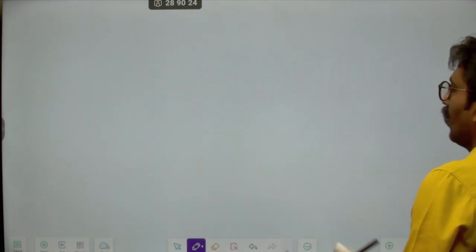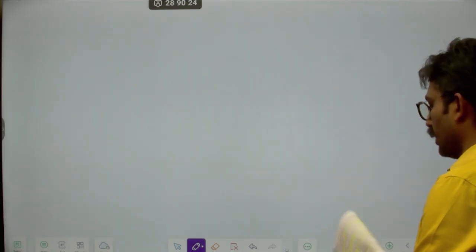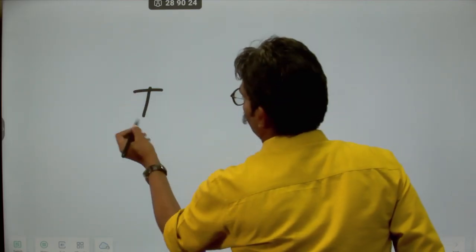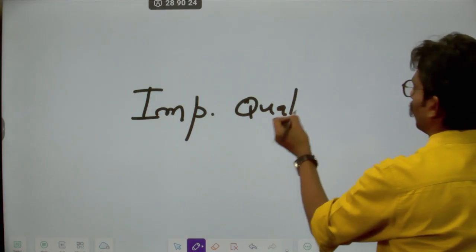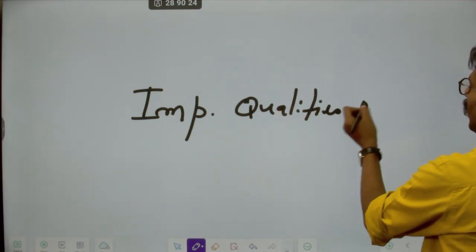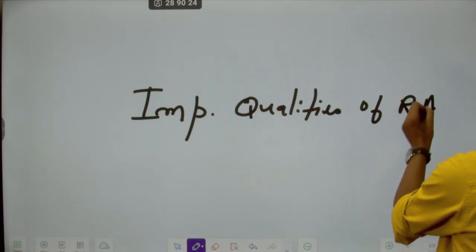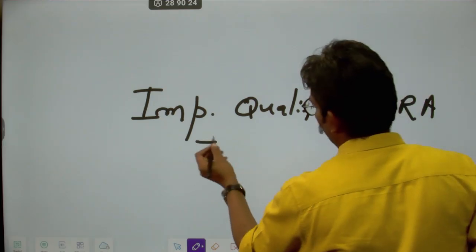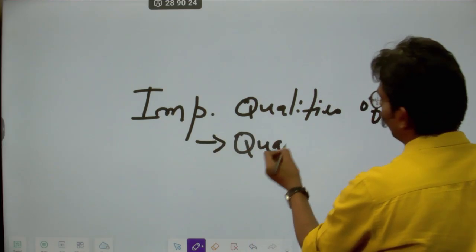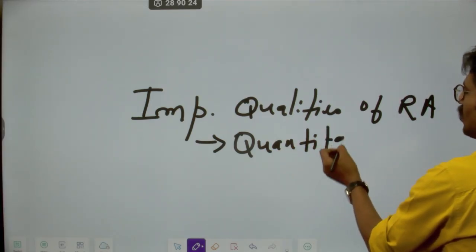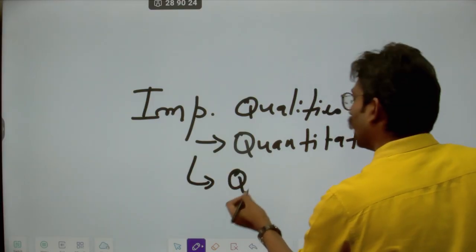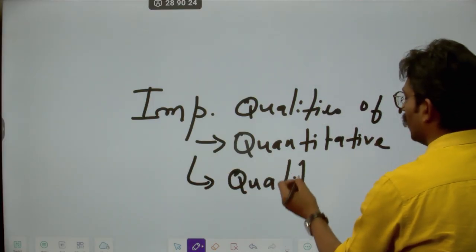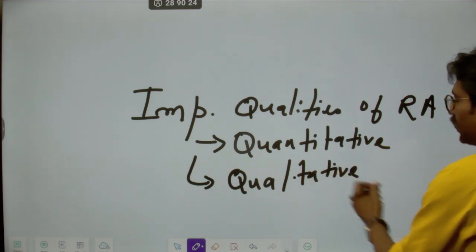So now the point is, what are the important qualities of an RA? He should be unbiased.